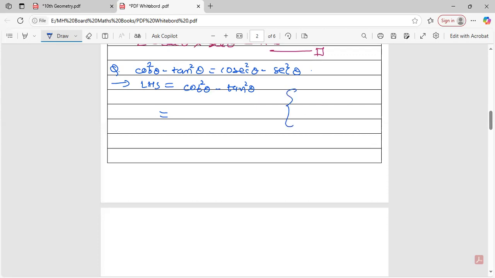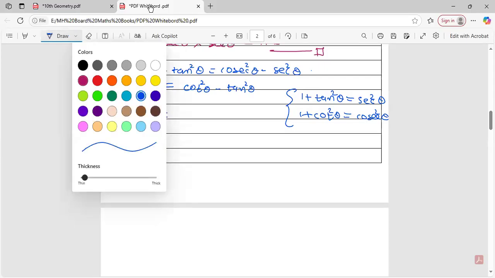What is the second identity? 1 plus cot square theta is equal to cosec square theta, and 1 plus tan square theta is sec square theta.